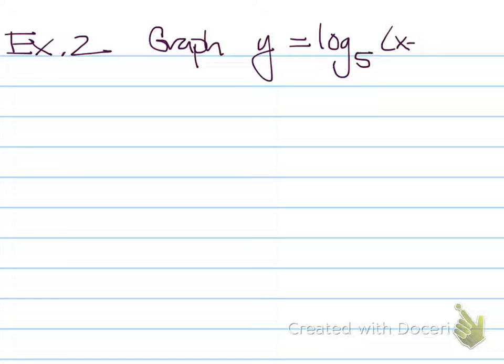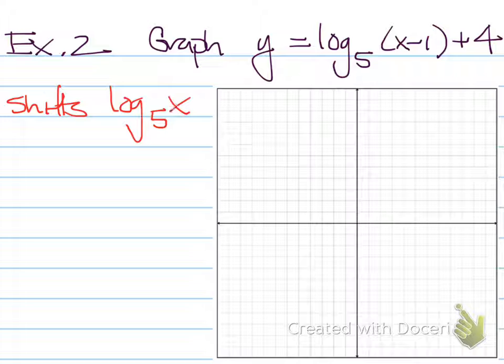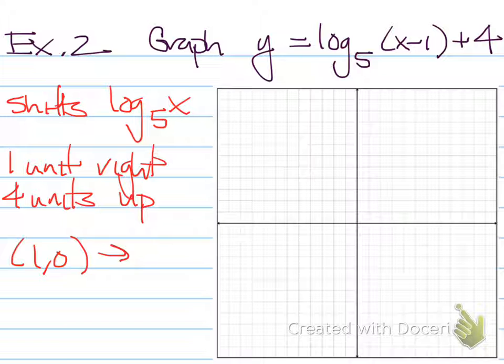The next example is a logarithm that still has a base that is 1 or greater. Now we have x minus 1 inside the parentheses, so that's going to shift it 1 unit to the right, and then plus 4 outside the parentheses will shift it 4 units up. So again, starting with that marker 1, 0, 1 unit to the right would add 1 to the x coordinate, 4 units up would add 4 to the y coordinate.